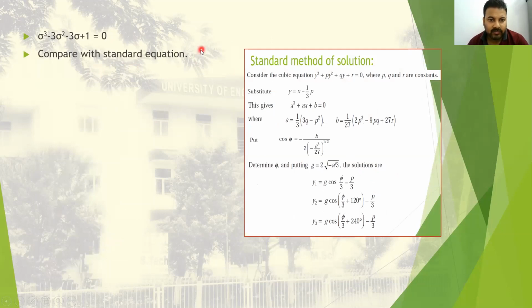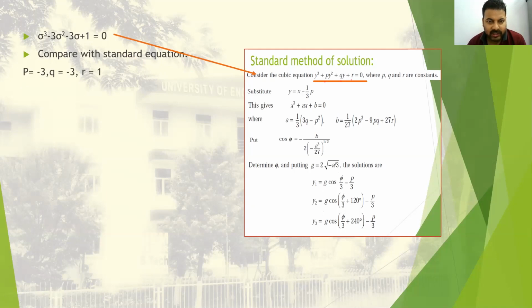So after comparing with the standard equation, we can calculate the values of P, Q and R. So if I compare this with this, then what I can get, P is equal to minus 3, Q equal to minus 3, and R equal to 1.